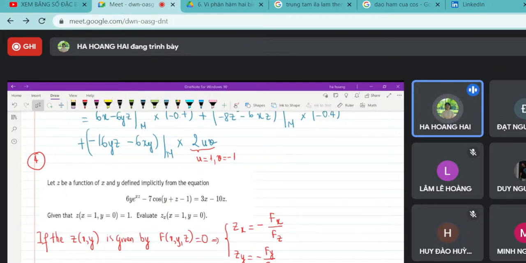Okay, it should be 0.3. Why do you get minus?